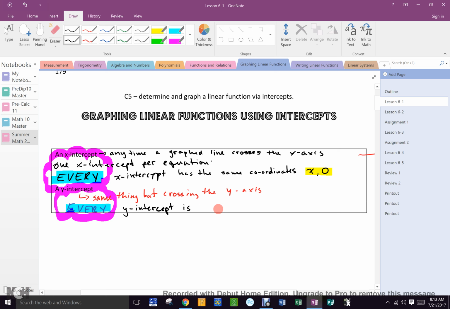No. Those are the x-intercepts. The y-intercept is y, comma 0. We'll put the y's first. 0, comma y.